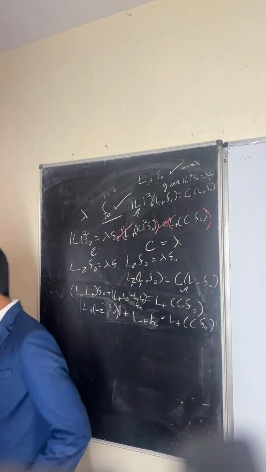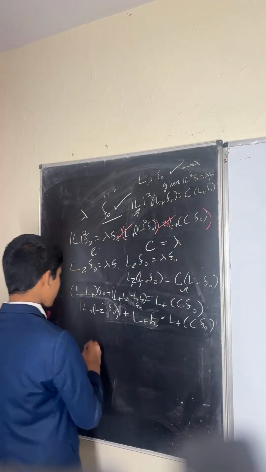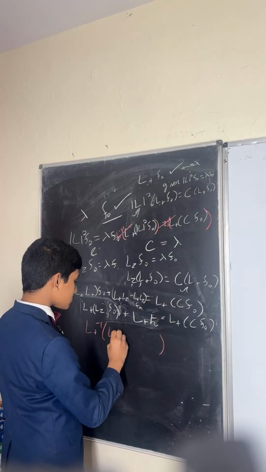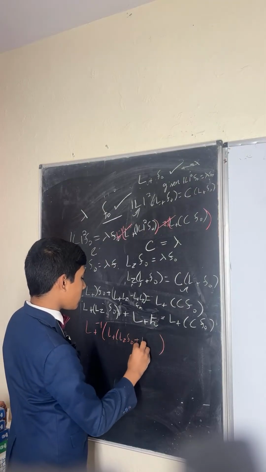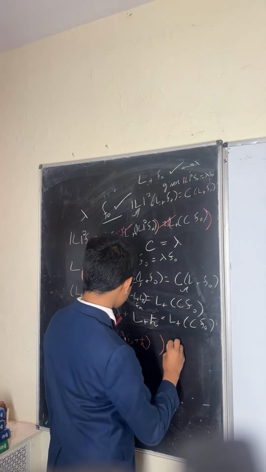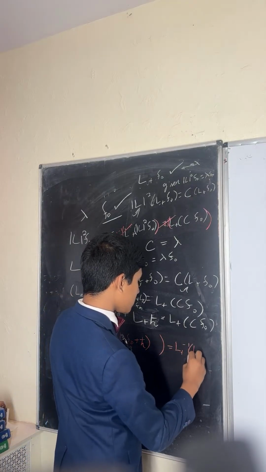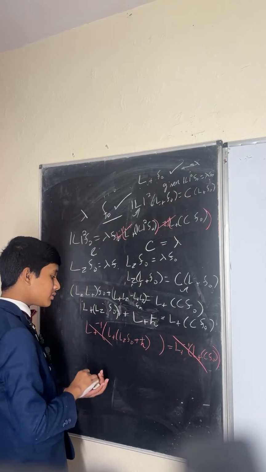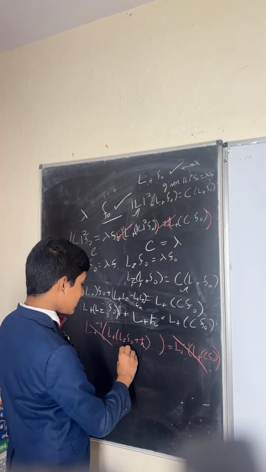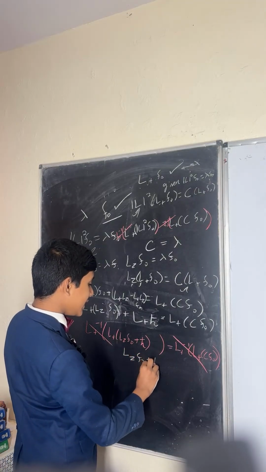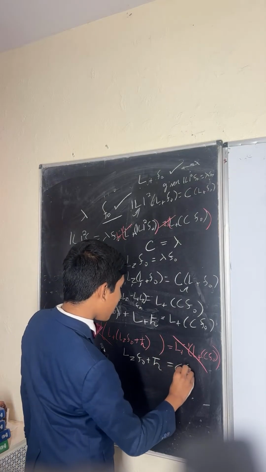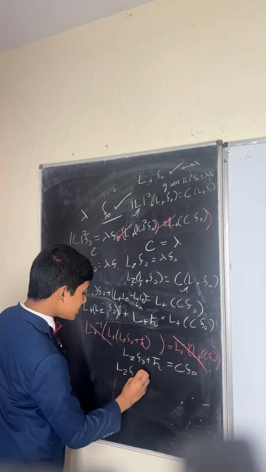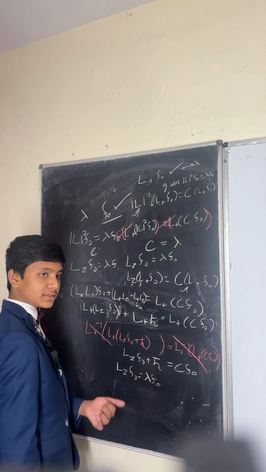The next time you apply the inverse to both sides, well, these two will cancel out, and we're left with LZ F naught plus h bar F naught is equal to C F naught.